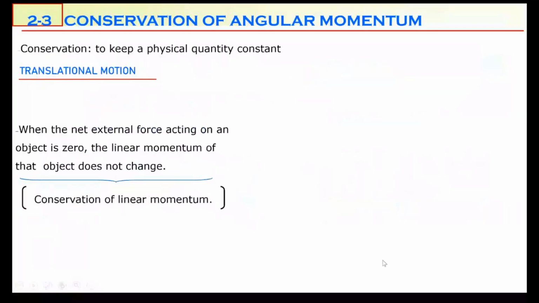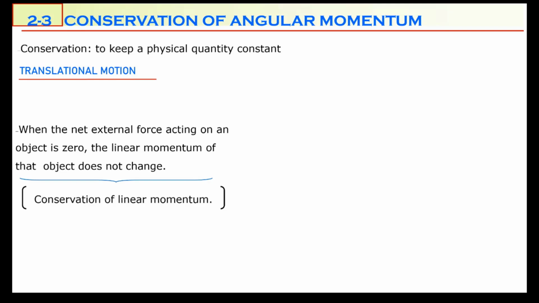We learned about momentum, what momentum means, and why we need the quantity momentum. Remember, I told you that you can set an object into motion by applying some force on it.